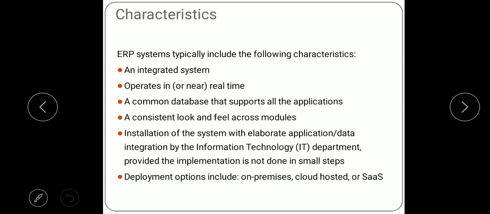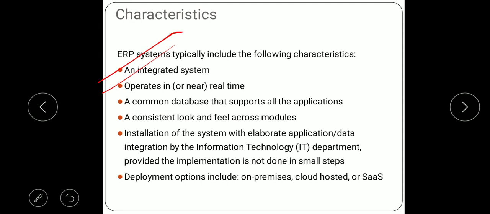Now, what are the characteristics of ERP? ERP systems typically include the following characteristics: an integrated system. So as a whole, we'll get the whole system. Means all the departments will come under one umbrella.